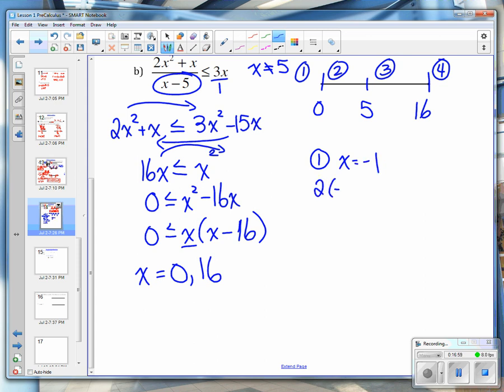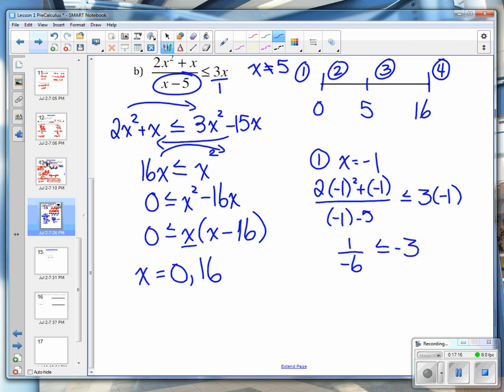Plug that in. -1 squared plus -1 over -1 minus 5 less than or equal to 3 times -1. When you do this, it's going to eventually become 1 over -6 is less than or equal to -3. Well, that's not the case, so this is not going to be a solution.